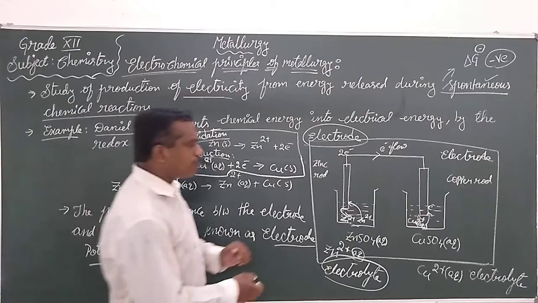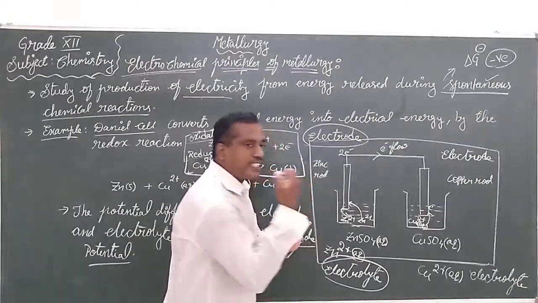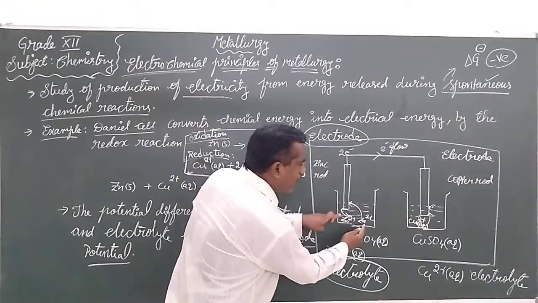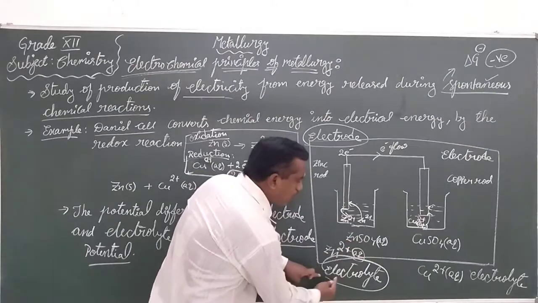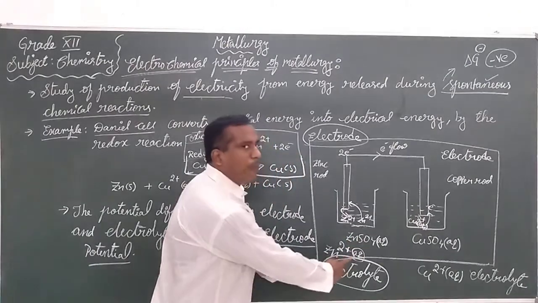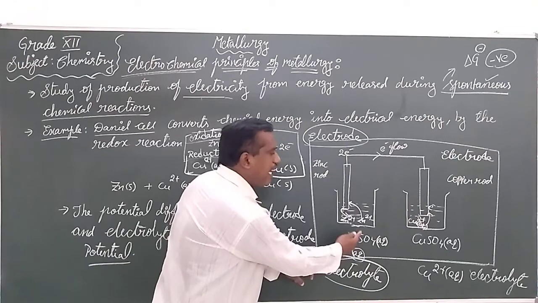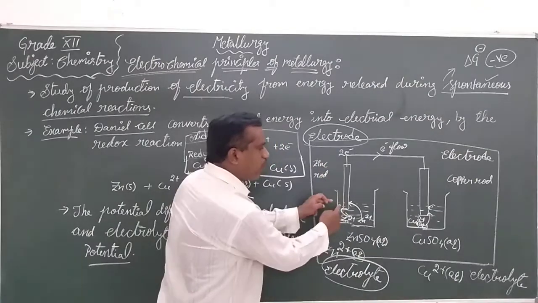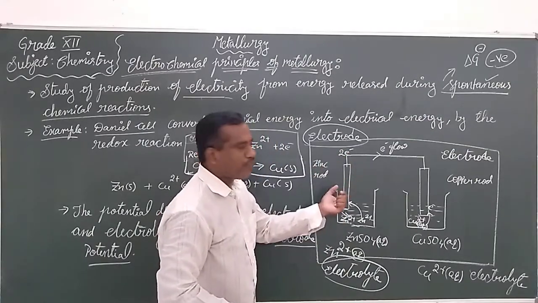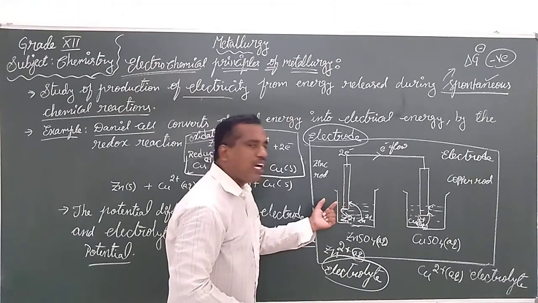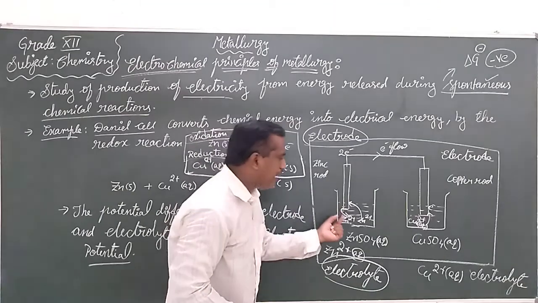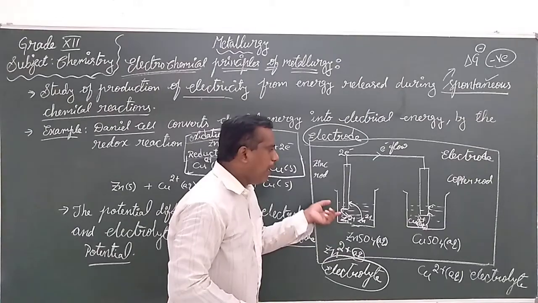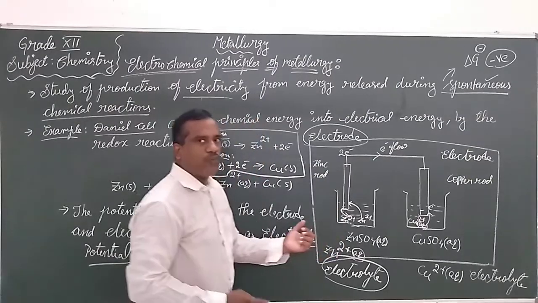Please observe, when we study the point from the zinc sulfate solution, the zinc 2 plus aqueous ions are deposited at the zinc electrode, and it is becoming positive. And from the zinc rod, some ions are entering into the solution, making this one negative.